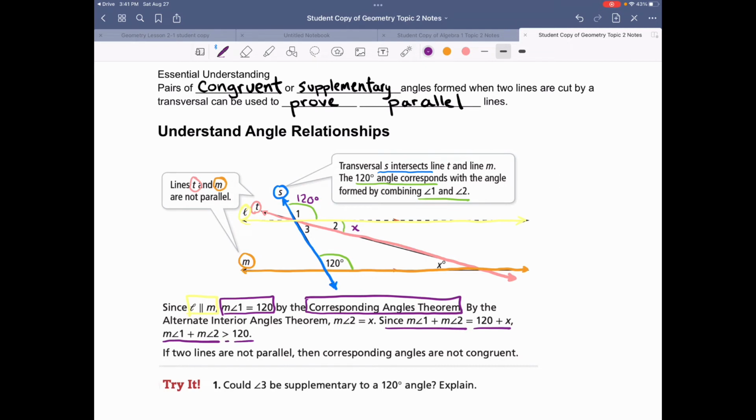That inequality symbol means greater. Therefore, they are not congruent. So this is proving that if two lines are not parallel, then corresponding angles are not congruent.